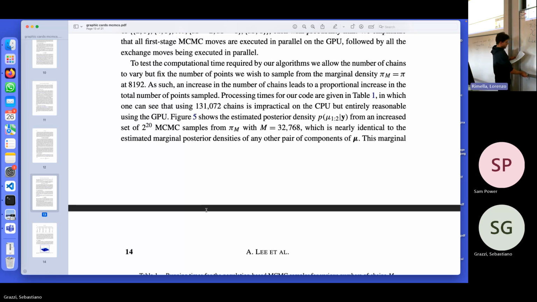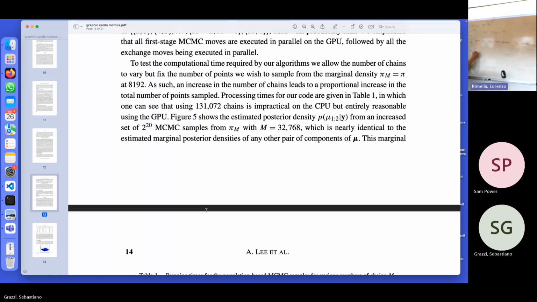Now, what we do is we just apply the same kernel. This i is just to say that it's acting on the particle x_i. We apply this kernel to all the particles, so same kernel here. At iteration t we apply this kernel, and this is again trivially parallelizable.